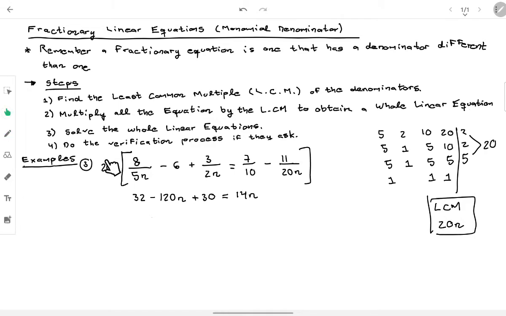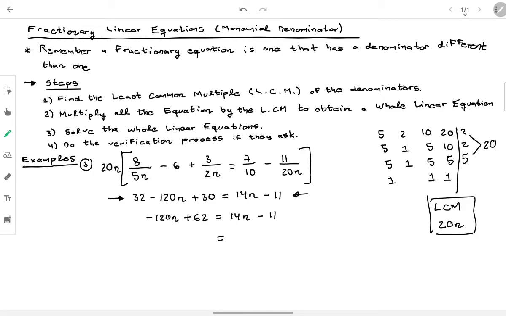Finally, 20n divided by 20n, it's 1. Multiplied by minus 11, minus 11. So right now we have a whole linear equation. So it's going to be minus 120n plus 62 equals 14n minus 11.